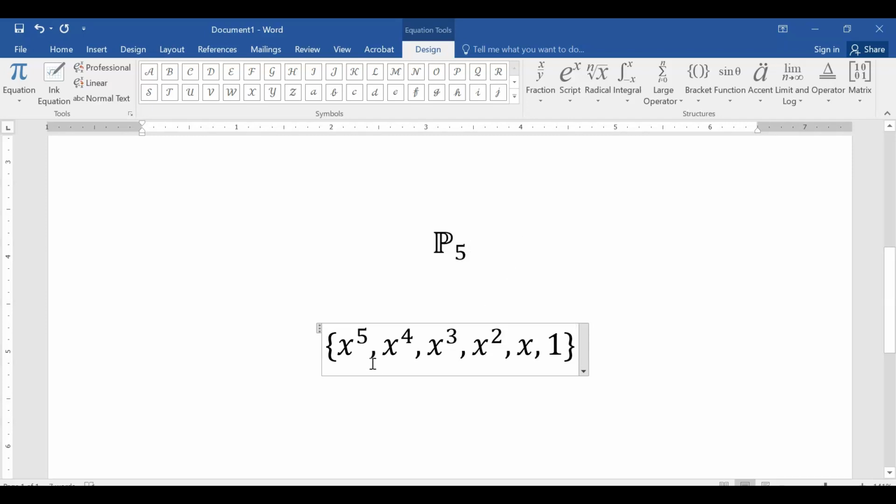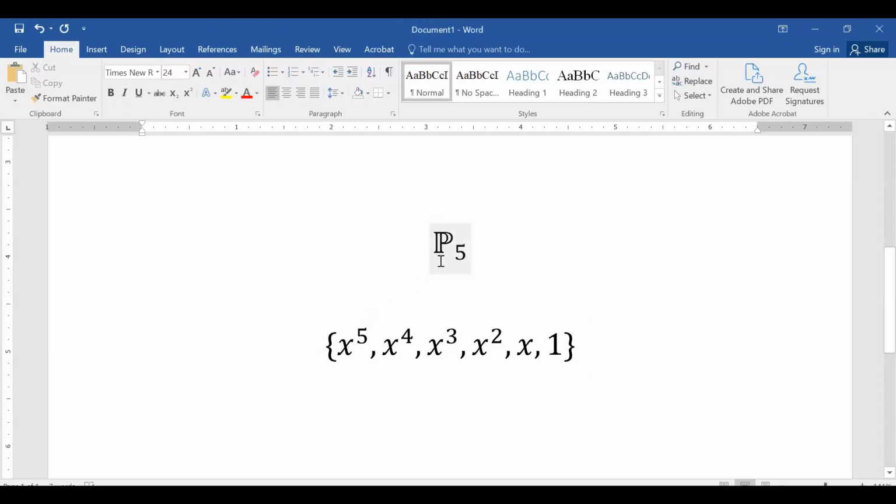So any linear combination of these elements could give us a polynomial of degree 5 or less. Notice that in P sub 5, there are 6 different basis elements, and therefore the dimension of P5 is 6.